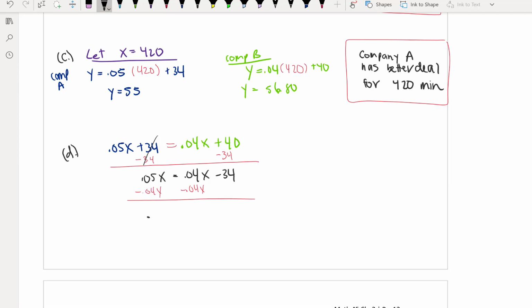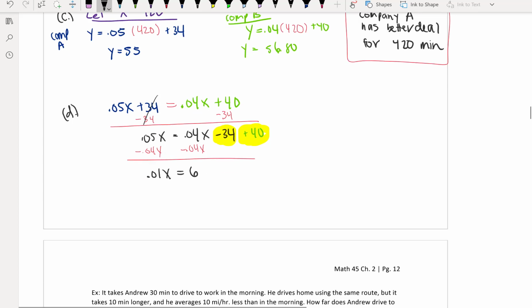Then that's going to give me 0.01x is equal to, oops, I forgot something here, didn't I? I forgot that I also had a positive 40. So I want to combine these two numbers together. I don't want to forget to do that. So don't forget that I'm combining my negative 34 and my positive 40 here. So when I have positive 40 minus 34, I get a positive 6.